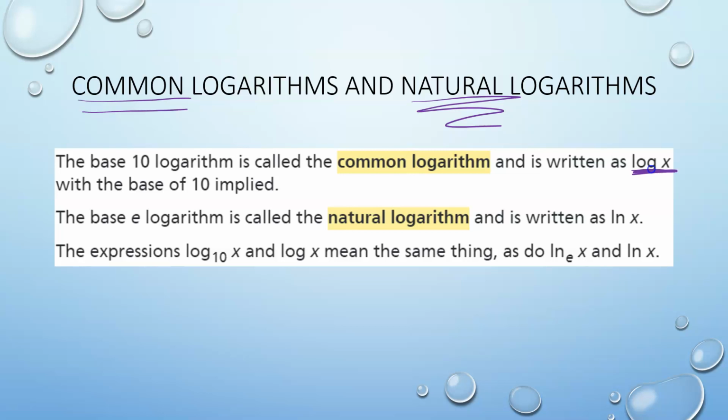Oftentimes I feel like mathematicians just think about the most common things we use and then they take something away. We don't put a 2 in a square root because it's the one we use most frequently. Similarly, the common log, base 10 log, is the most commonly used, so we just write it as log of x. Therefore, if you ever see a log without a base, it's implied that the base is 10.